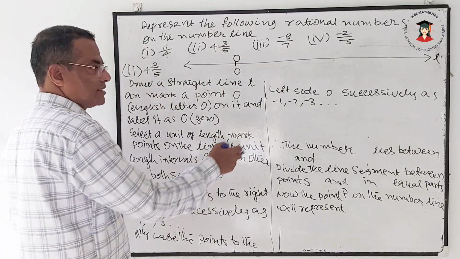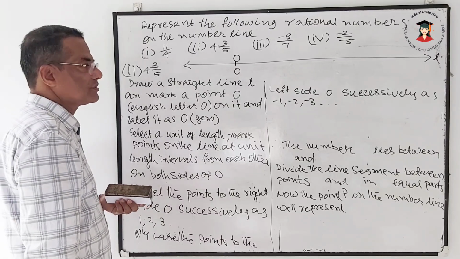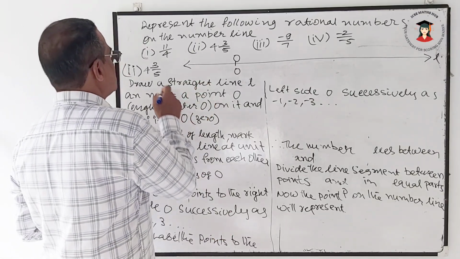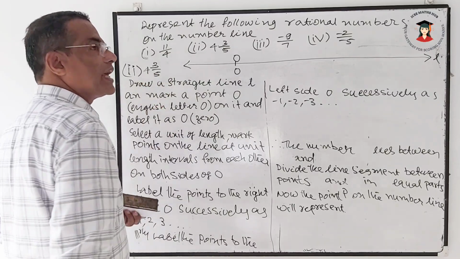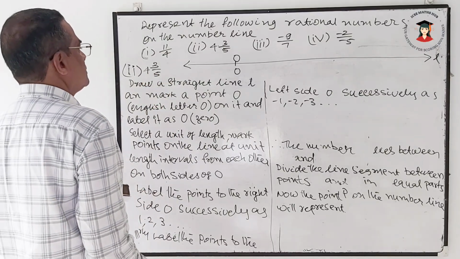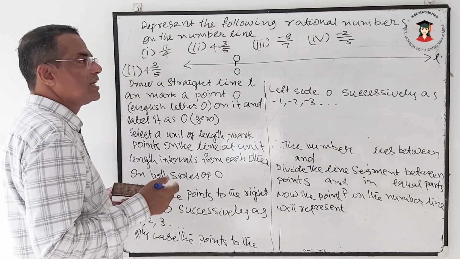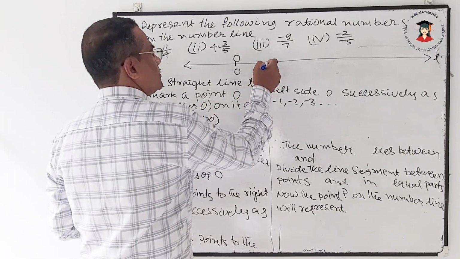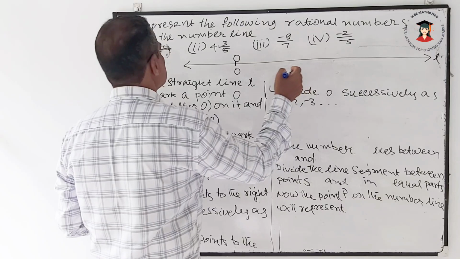Write all this like this up to here without any change. So our number is 4 and 3 by 5. So 4 and 3 by 5 lies between 4 and 5. Mark points.